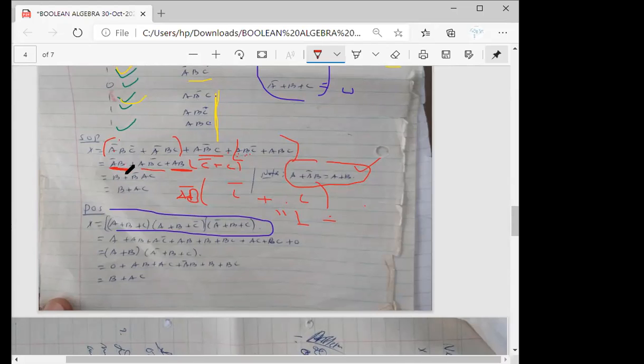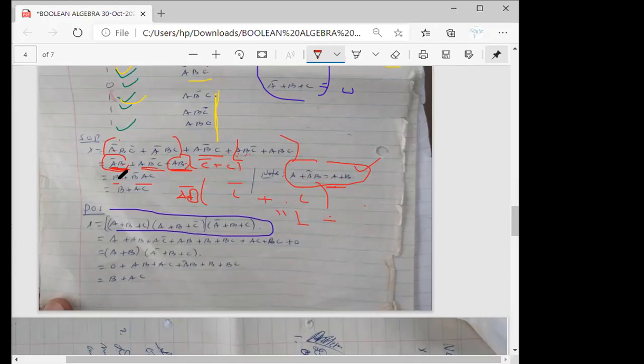Let me combine this and this one. Because these are values which are commutative, you can combine. So that B is common, I factor out B. A bar plus A is 1, so anything times 1 is B, so this becomes B plus. This is just rearranging this one. Instead of B bar being in the middle, it becomes the first one, then I can use this law.